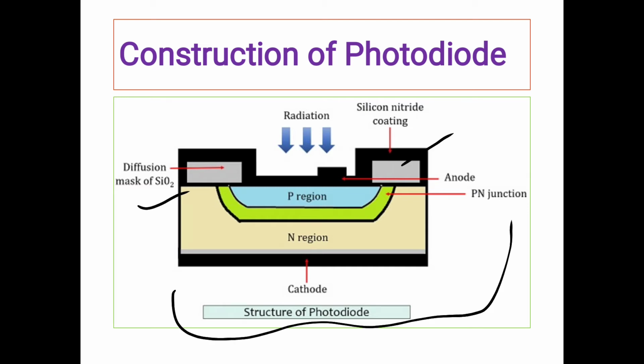You can see here, this is our anode terminal, this is p region, n region, and this one is the cathode, and this is our p-n junction which is represented in the green color. Here the incident photon energy will fall over here, and this is going to create a large number of electron hole pairs. This will come under the working of the photodiode that we will see in the next section.